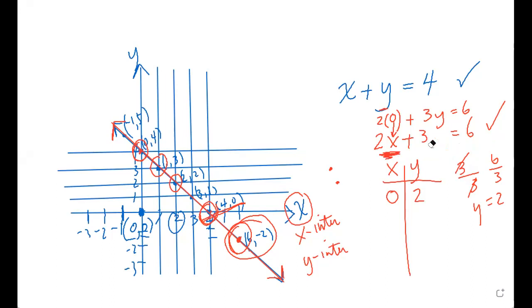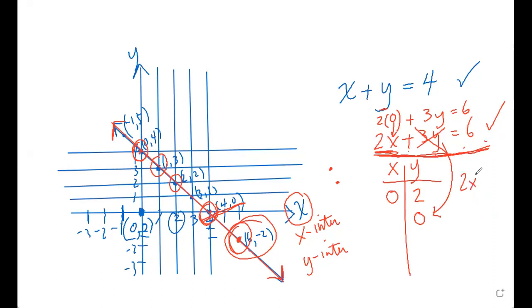Now we have to look for another point. Again, you use this table, and this time, why don't you choose y to be 0? Then 3y is 0, so what do you think x is such that this equation remains true? 2x plus 0 equals 6.